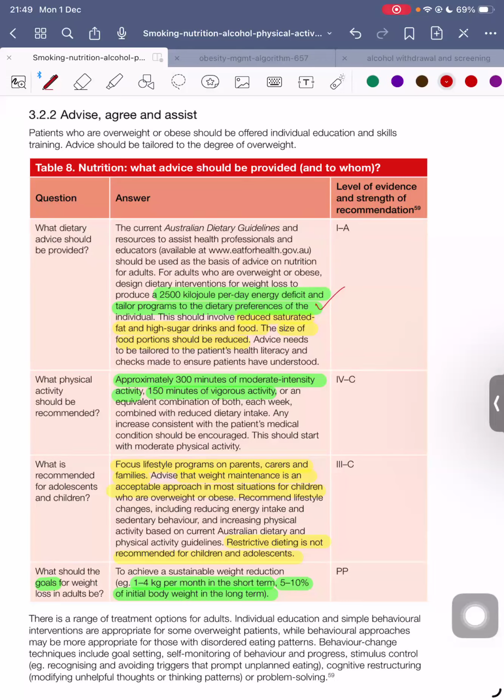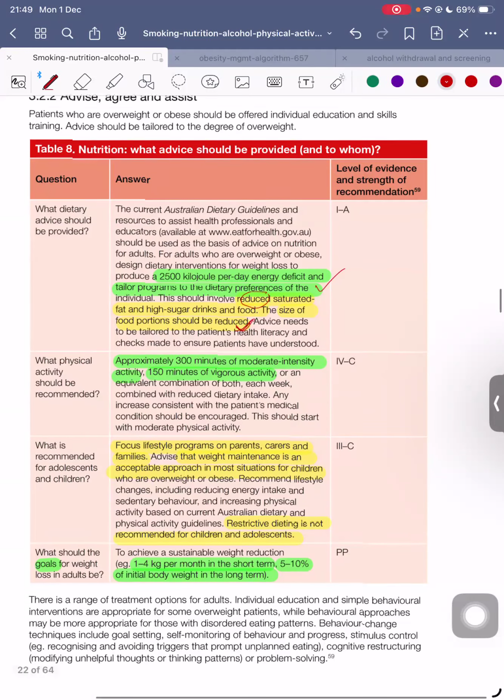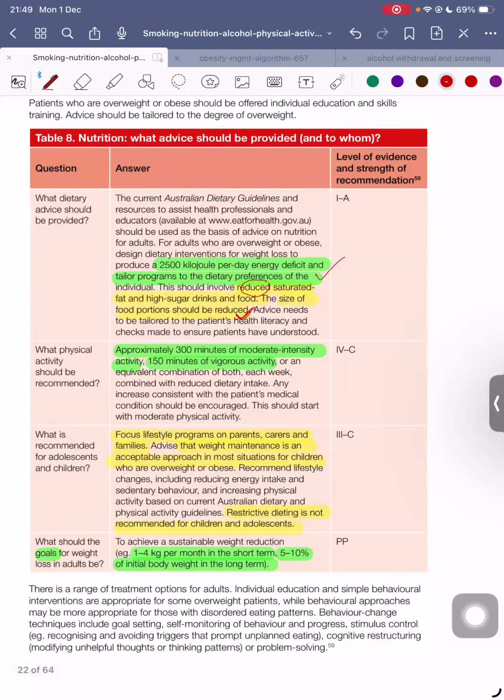This should involve reducing saturated fat and high sugar drinks. The size of the food portions, everything should be reduced, right? To reduce obesity.